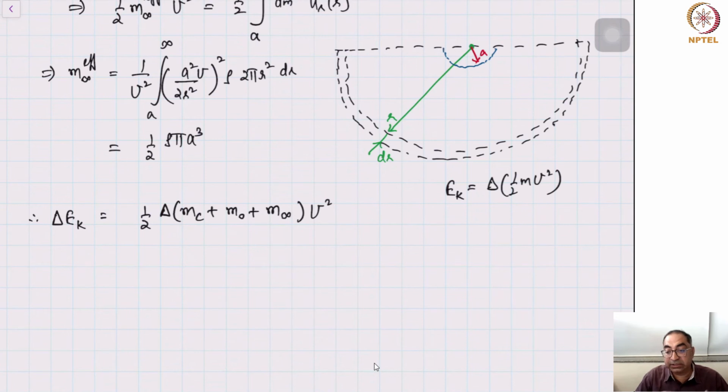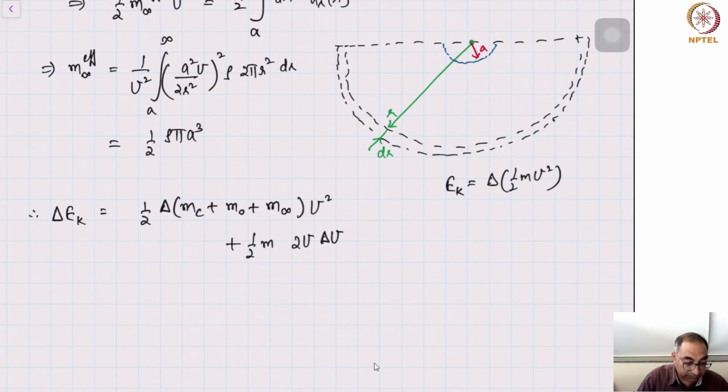So this change in kinetic energy can occur because of change in the velocity and also because of change in mass. The first term accounts for change in mass, and the second term accounts for change in the velocity, half m 2u delta u.